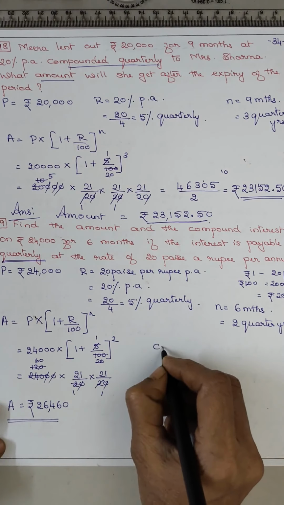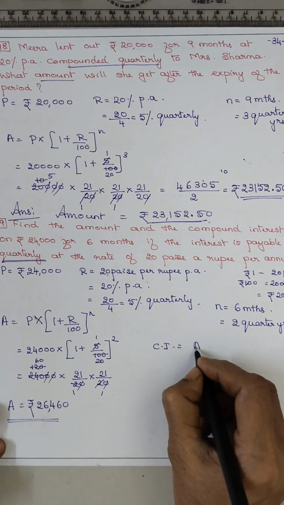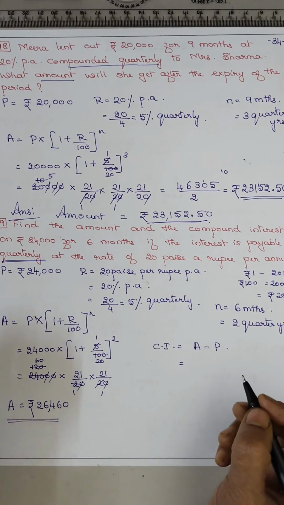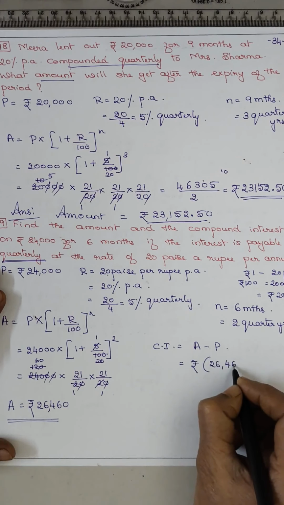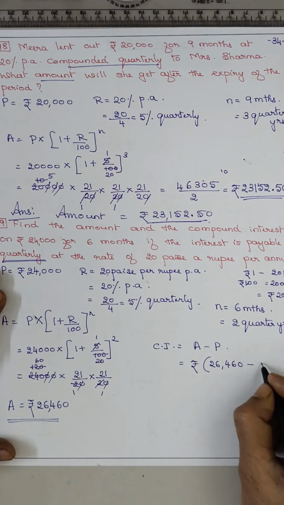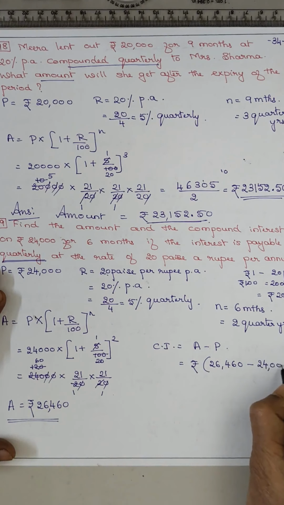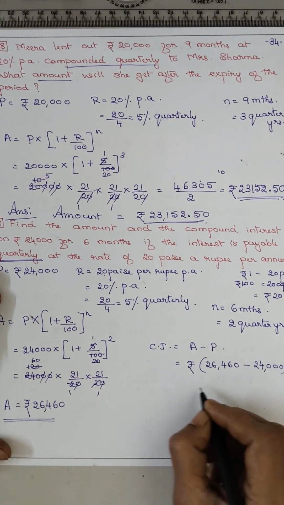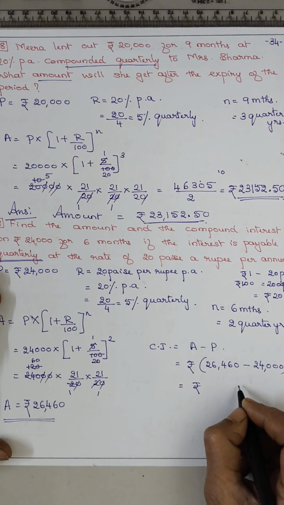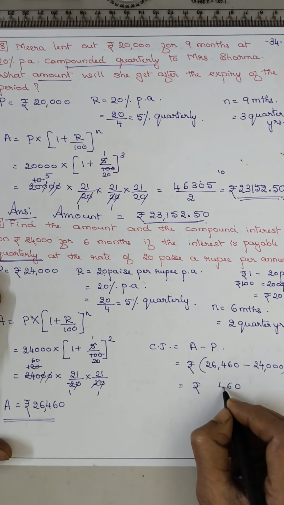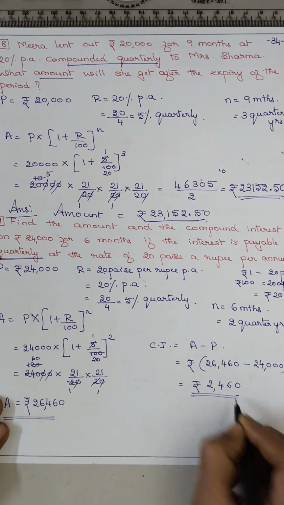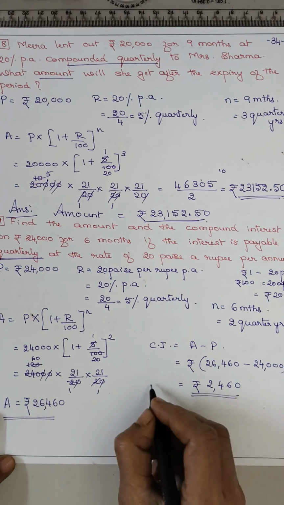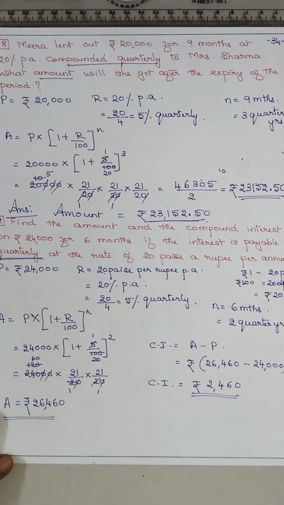Now CI, A minus P. A is 26,460 minus 24,000, that is 0, 6, 4 and 2. It is 2,460. So you got amount and the CI.